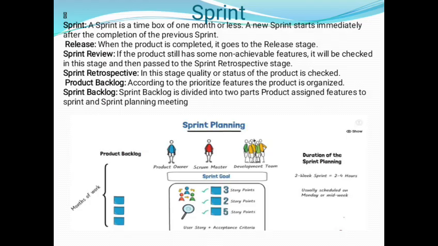If the product still has some unachieved features, it will be checked and then passed to the sprint review stage. In this stage, the quality or status of the product is checked. Then, according to the prioritized features, the product is organized. The sprint is divided into two parts: the product owner assigns features to the sprint, and the sprint planning meeting. The sprint planning will decide everything about the sprint.